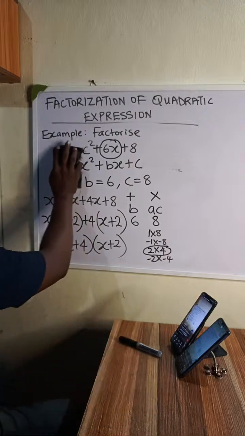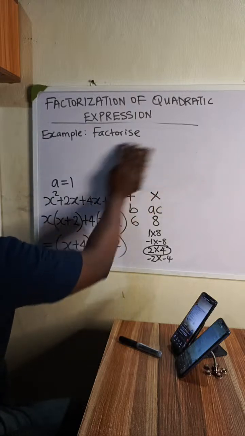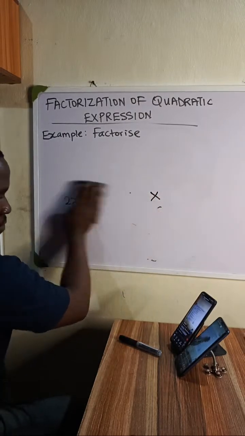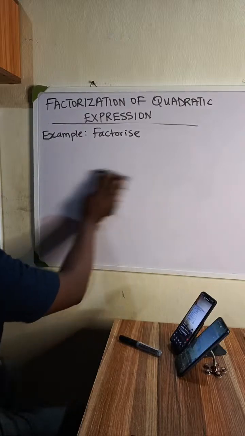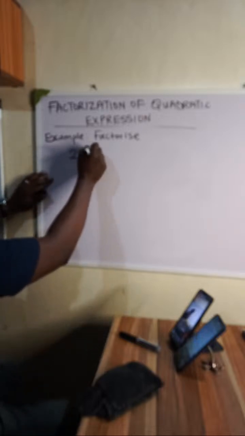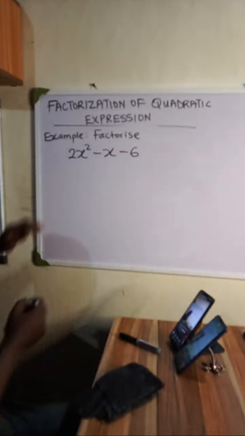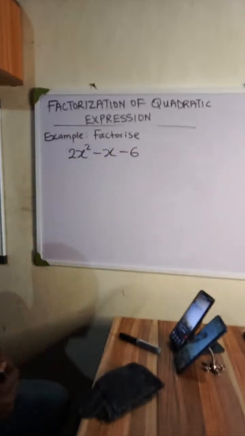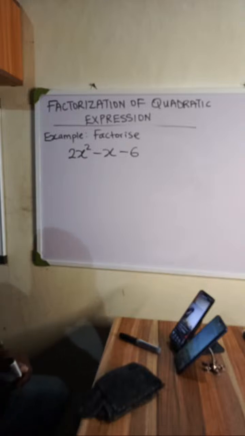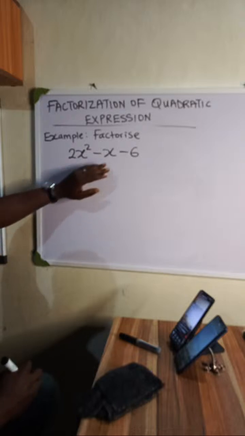Okay, so let's look at the last example: 2x squared minus x minus 6.